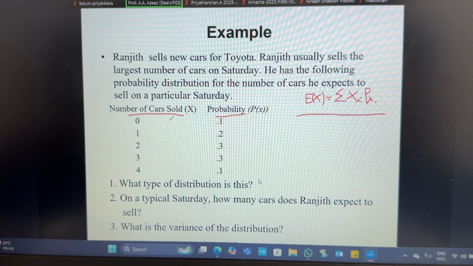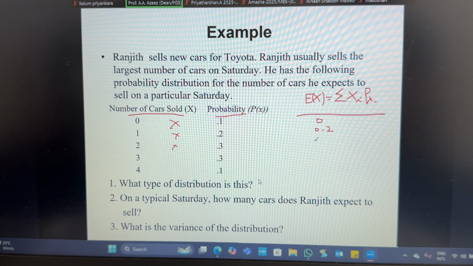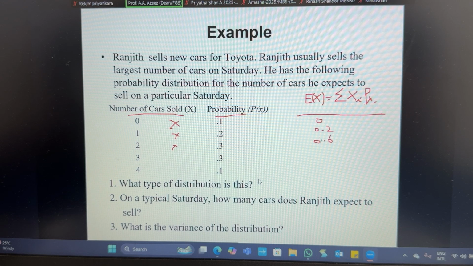So now what we can do is multiply. 0 multiplied by 0.1, that is 0. Then 1 multiplied by 0.2, it's 0.2. Then 2 times 0.3, so it's 0.6. Then 3 times 0.3, then 0.9.